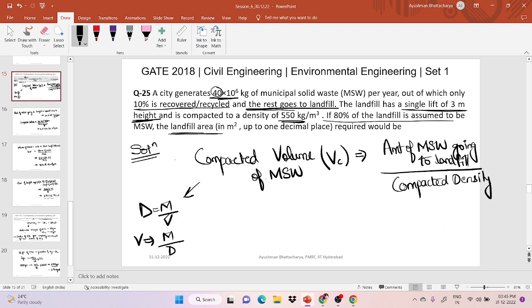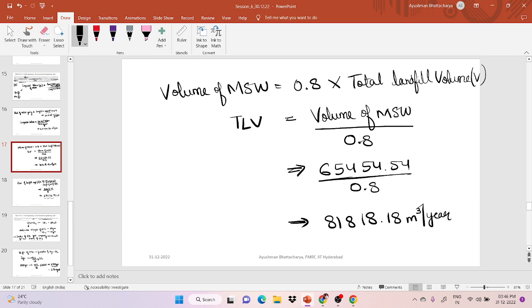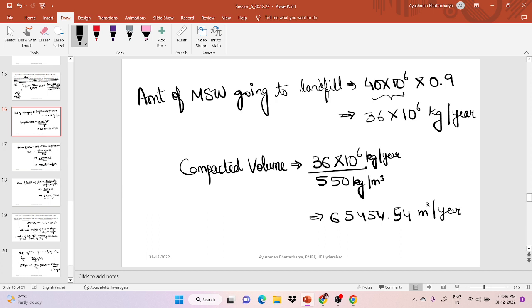That means 90% of this waste is going to landfill. So we calculated the amount of waste going to landfill by multiplying the total amount of waste with 0.9, that is 90%. Then we calculated the compacted volume.